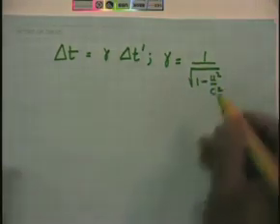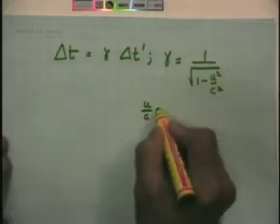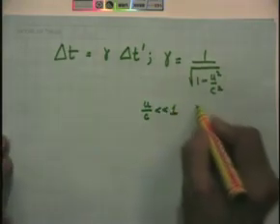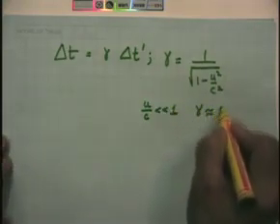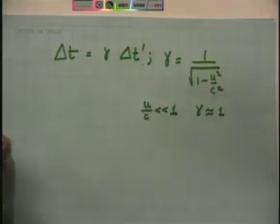For most velocities, u by c is very, very small compared to 1. In such a case, gamma is approximately equal to 1, and then delta t is equal to delta t prime.